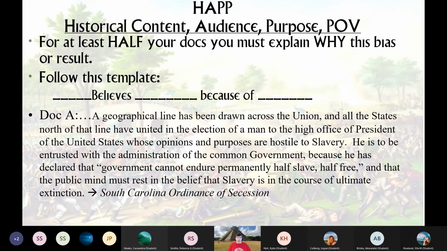They're talking about Lincoln. He is to be entrusted with the administration of the common government because he has declared that government cannot endure permanently half slave and half free, and that the public mind must rest in the belief that slavery is in the course of ultimate extinction. A very weird way of saying that they elected somebody who's going to get rid of slavery. So let's say that's a document. I just gave document A. That is the South Carolina Ordinance of Secession.